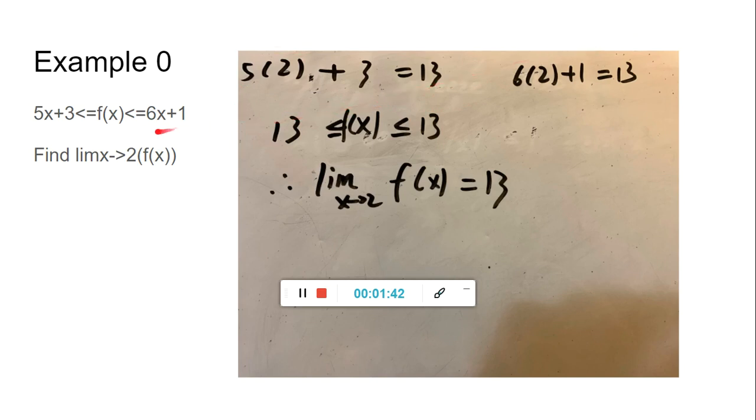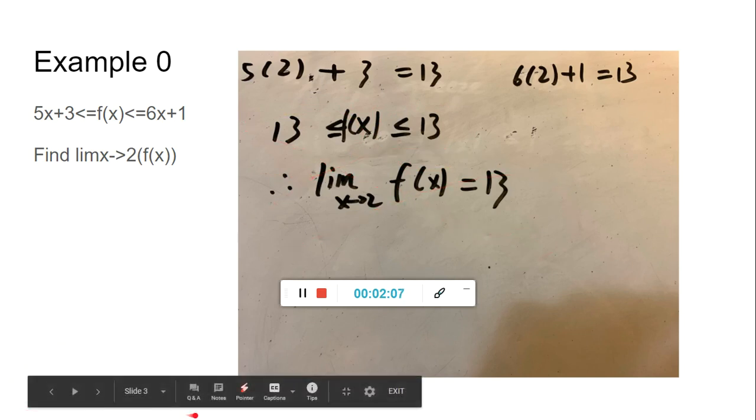And then we find that 6 times 2 plus 1 is also 13. So we know 13 is less than f(x) is less than 13. So f(x) can only be 13, because if it is larger than 13, it will disobey this agreement. If it is smaller than 13, it will also disobey this agreement. So therefore, f(x) can only equal 13.